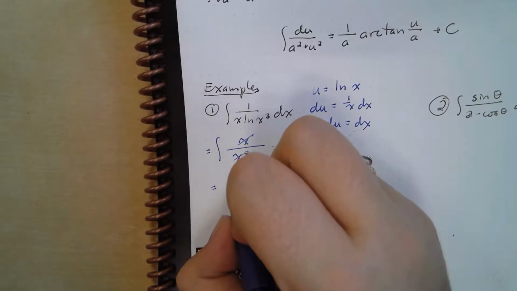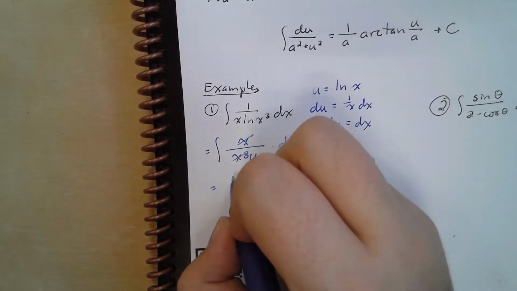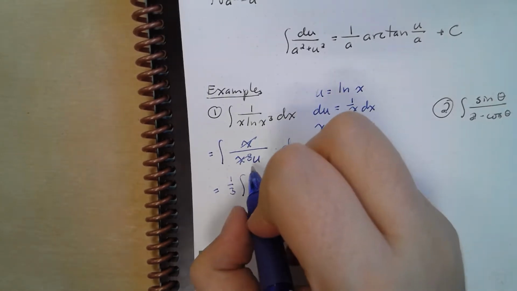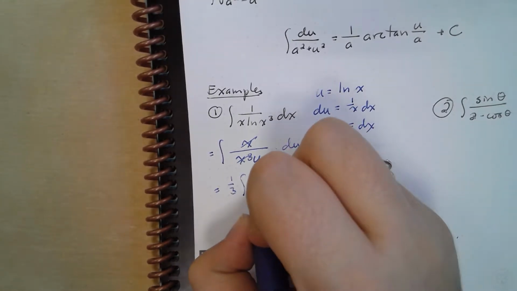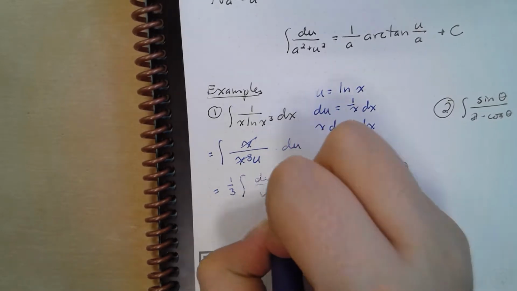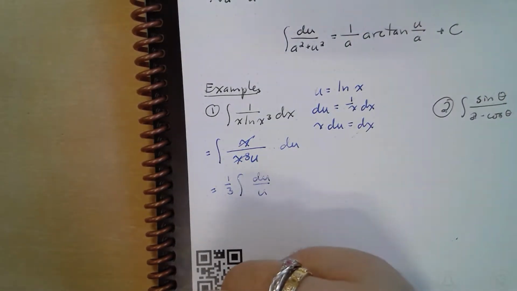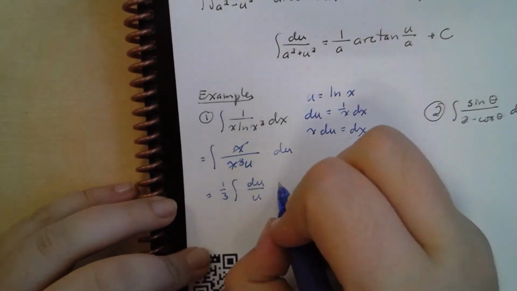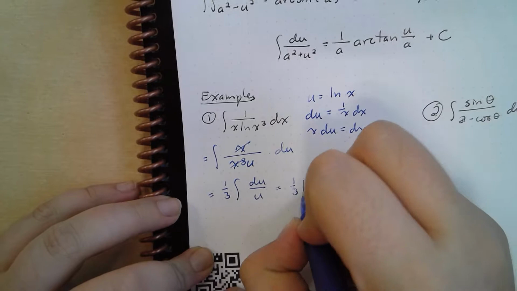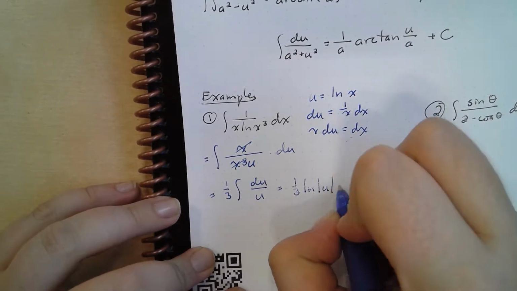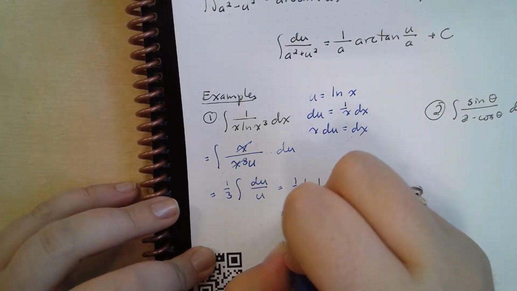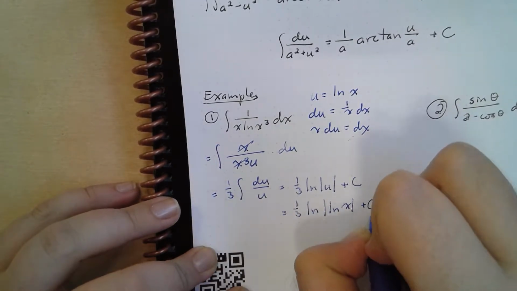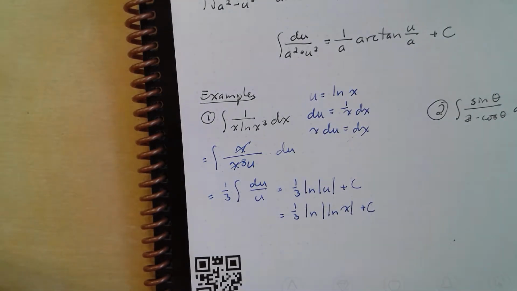So now I have 1/3 times the integral of du over u, and the integral of du over u, you can see right up here, is equal to 1/3 times the natural log of u plus c, which in this case is 1/3 times the natural log of x plus c. All right, kind of a fun problem.